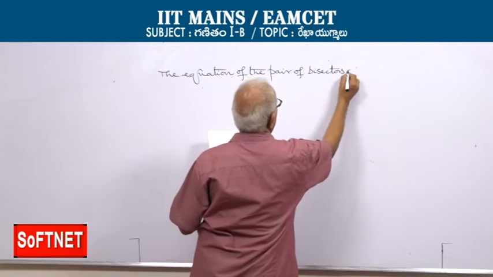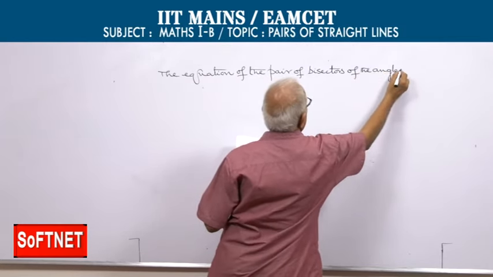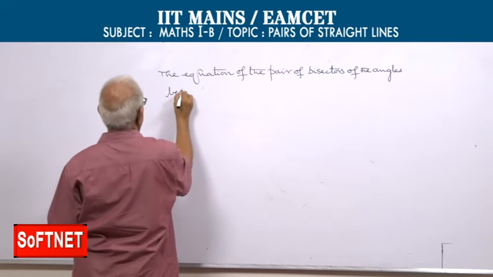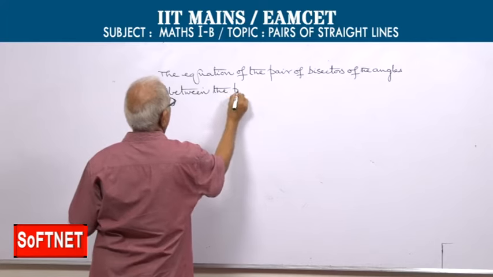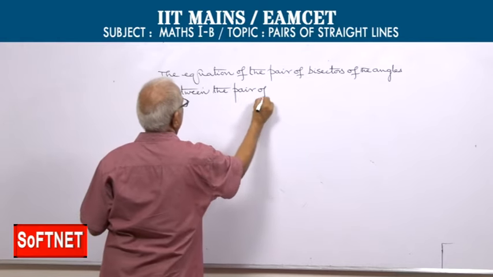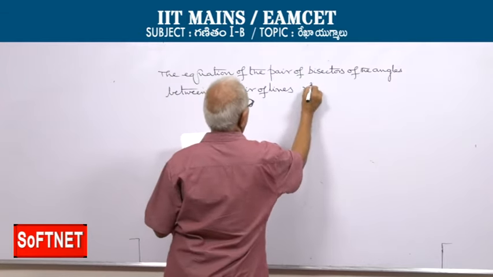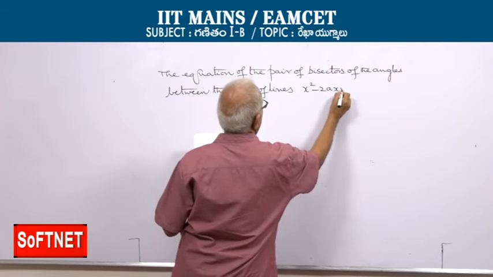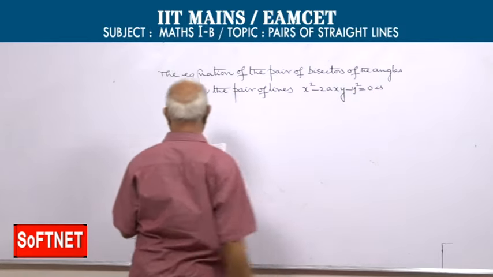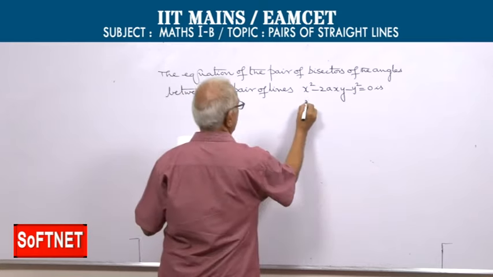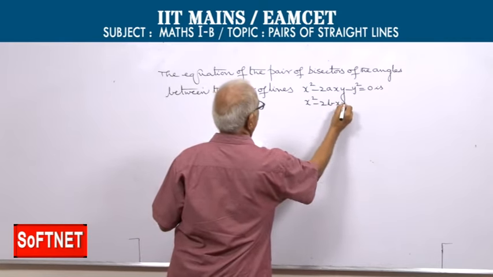Next, the equation of the pair of bisectors of the angles between the pair of lines x square minus 2axy minus y square equal to 0 is x square minus 2bxy minus y square equal to 0.